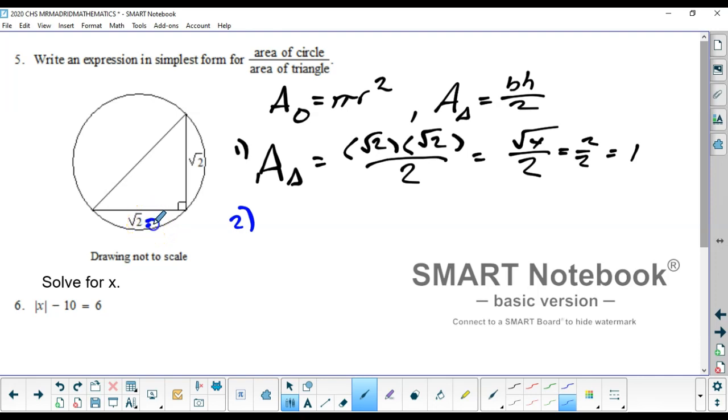We're going to go a squared plus b squared, or we can say it's diameter. So a squared plus b squared equals c squared.